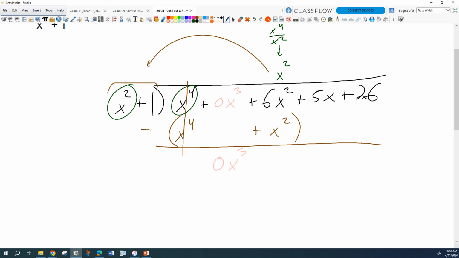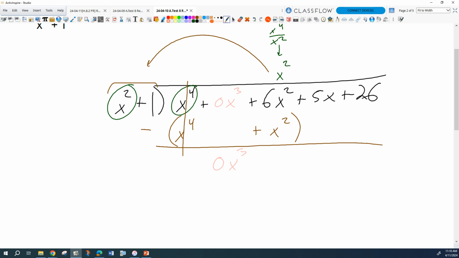So ask yourself, x squared times what is 0x cubed? What is 0x cubed? 0. So x squared times what is going to give you 0? 0. So why would I want to put a plus 0 up there? That doesn't do any good. I'm not going to put that in my answer. I'm not going to just add a random plus 0 in there, so we don't do that.